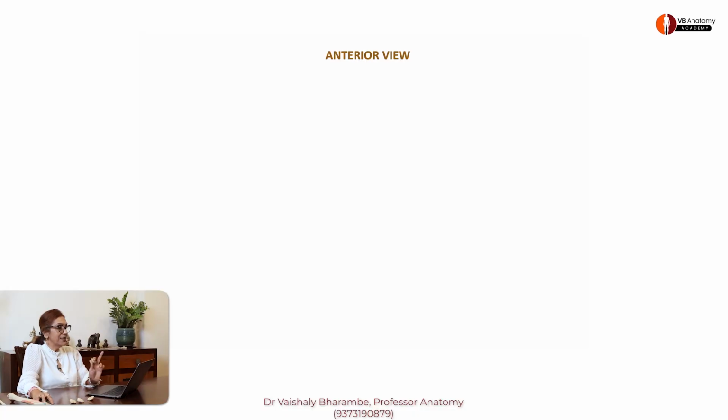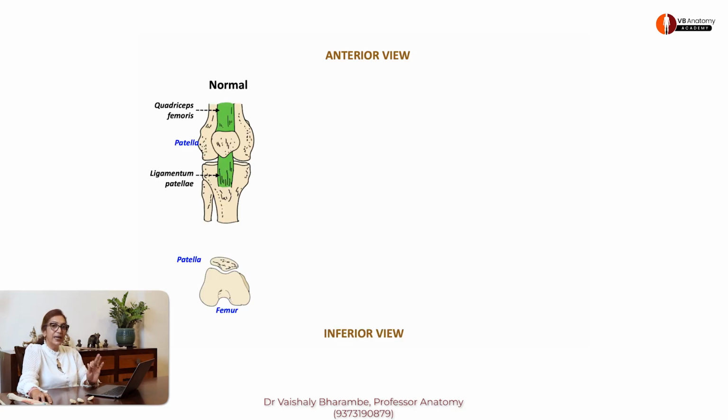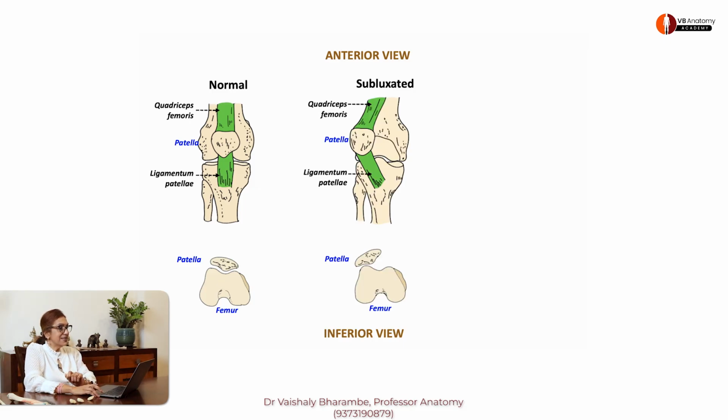Okay, take a look. This is the anterior view on the upper side and the inferior view at the lower side. This is normal. Patella in the center, quadriceps femoris, ligamentum patellae, all is fine with the world. Patella is sitting snug in the surface provided by the femur. This is the second image where patella has been pulled laterally by maybe a strong vastus lateralis. It is subluxated.